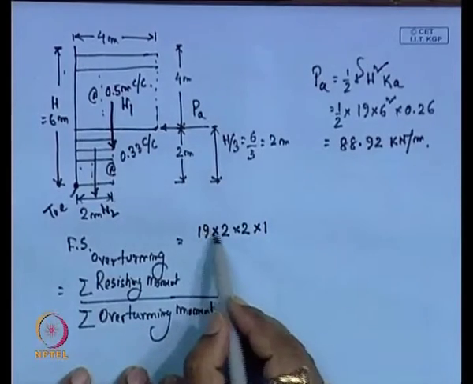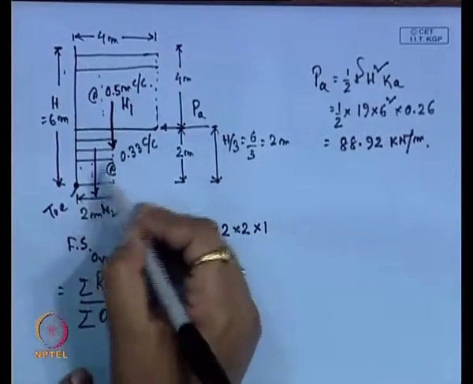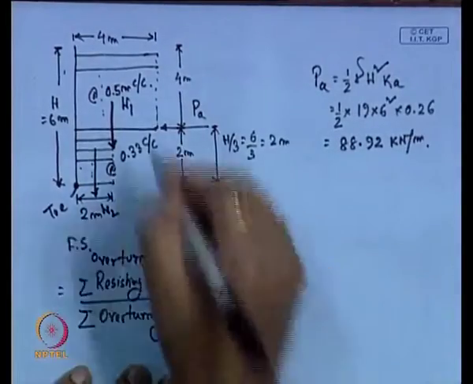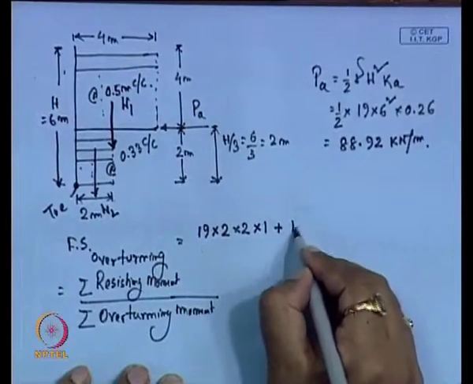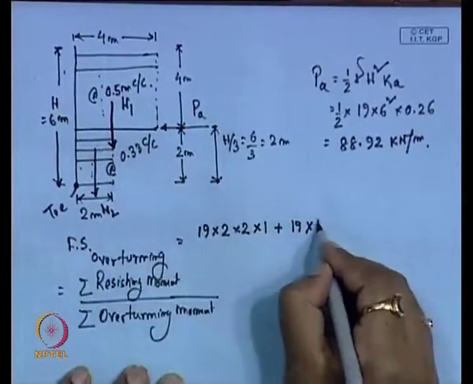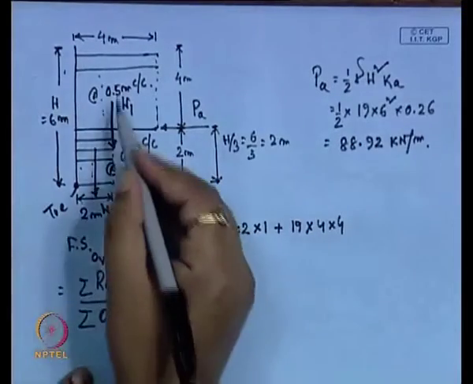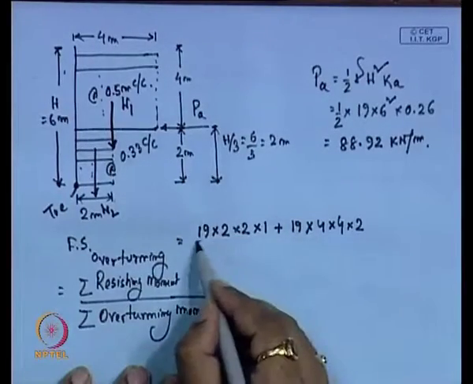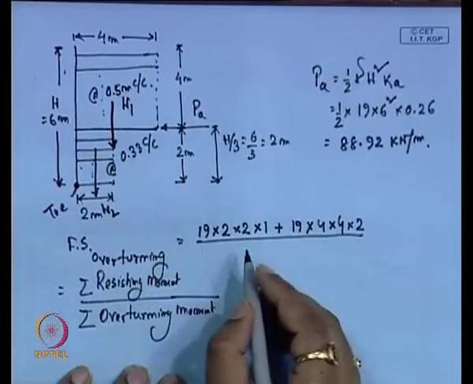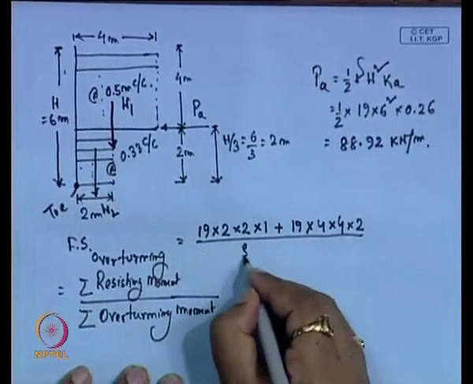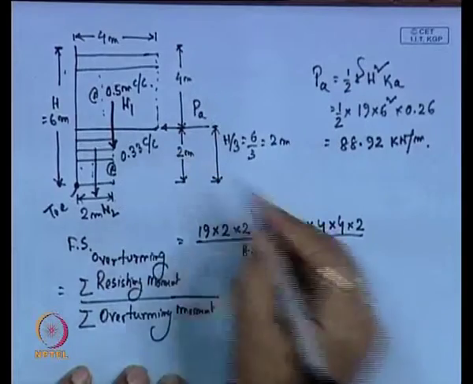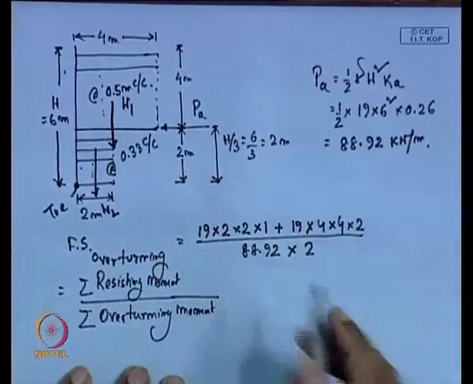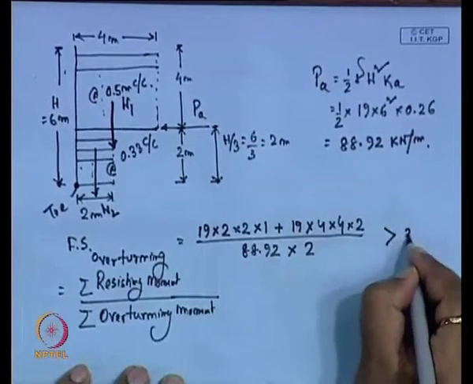The weight is 19 into 2 into 2, into the lever arm 1. For W1, the total weight is 19 into 4 into 4, and the lever arm is half of 4, that is 2. This is the resisting moment, and the overturning moment is P A, which is 88.92, acting at a distance of 2 meter. We have to calculate these, and the factor of safety should be greater than 3.